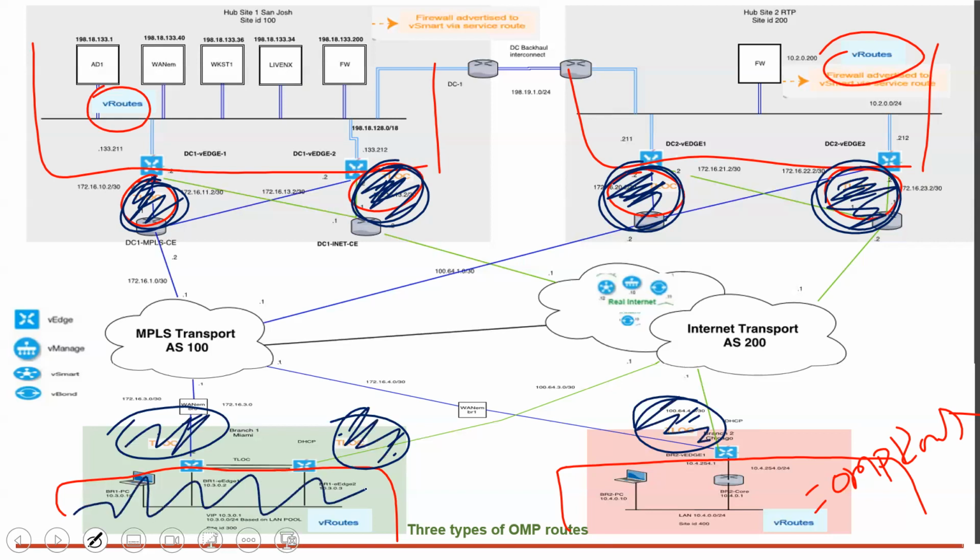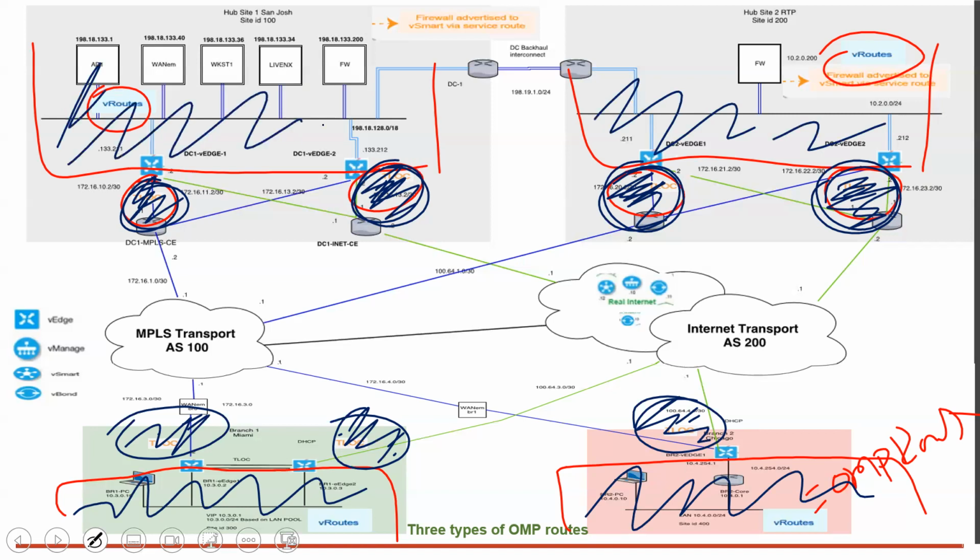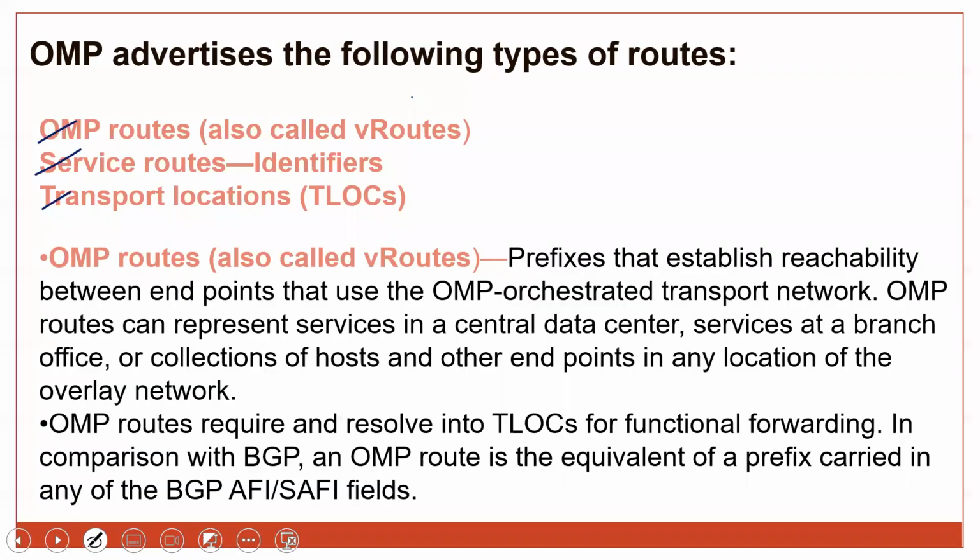So if I color all these things, you can see there is still one more route left, which is your services like firewall, VPN, other gateways, those routes. Yes, so we have a third category as well.